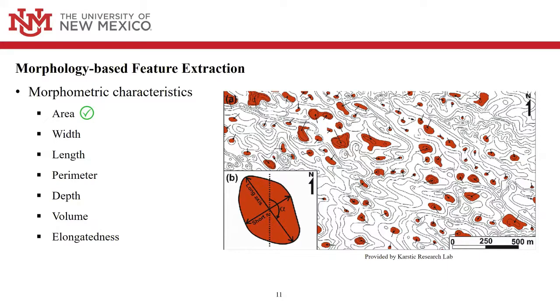This was consulted with the National Cave and Karst Research Institute. We guessed this number, but as I said, this tool can be expanded to consider more parameters like width, length, perimeter, all kinds of things we can consider in the future.